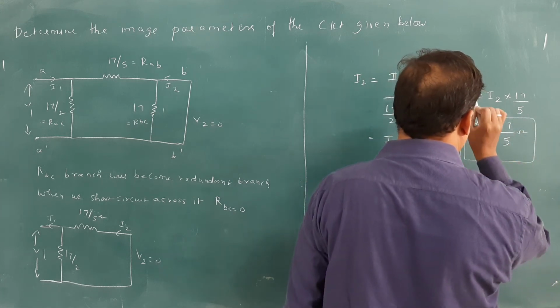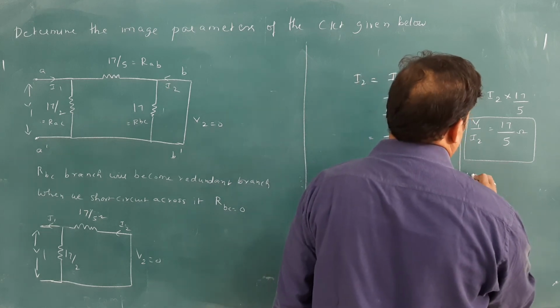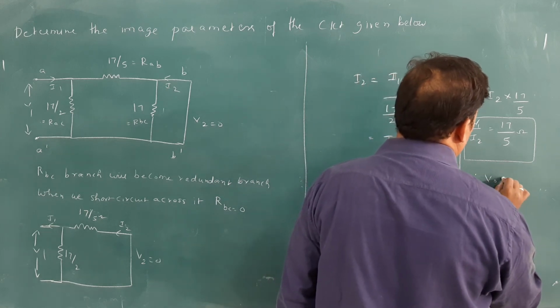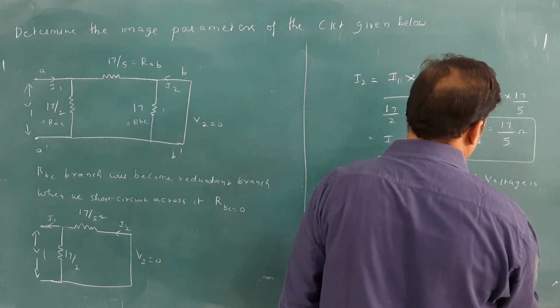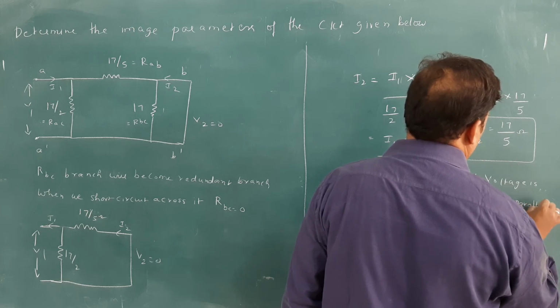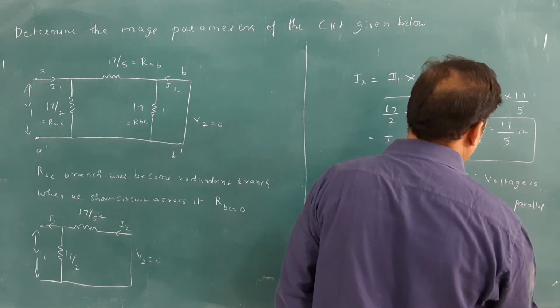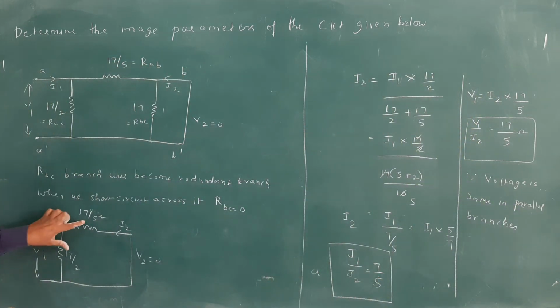V1 by I2 is 17 by 5 ohms, because voltage is the same in parallel circuit branches. So these two are the parallel branches, 17 by 2 and 17 by 5.